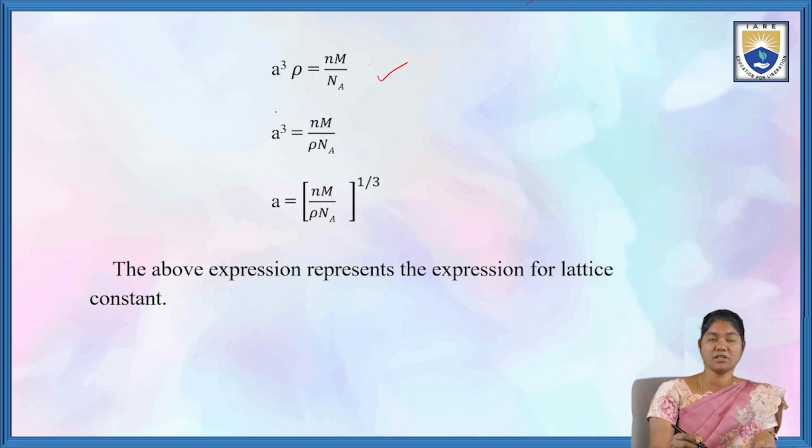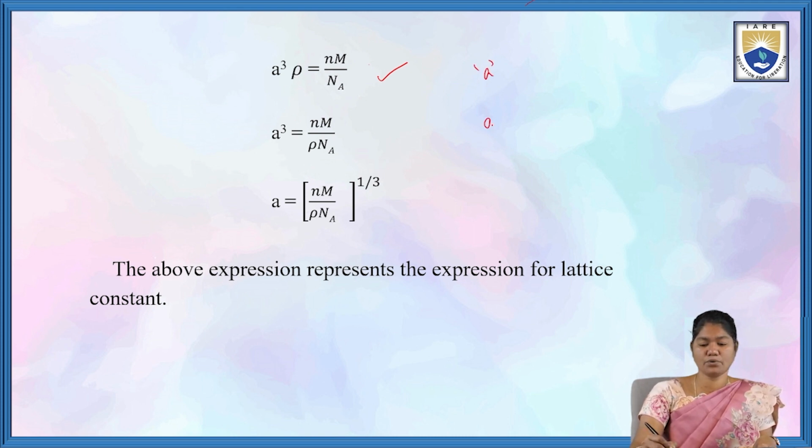From this we are going to derive a, so that a cube is equal to nM by Na into rho.